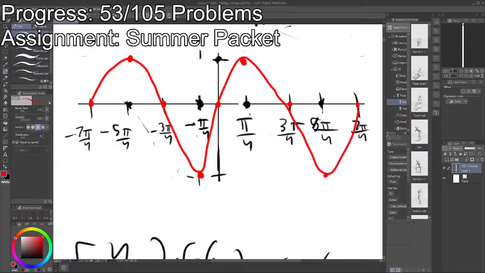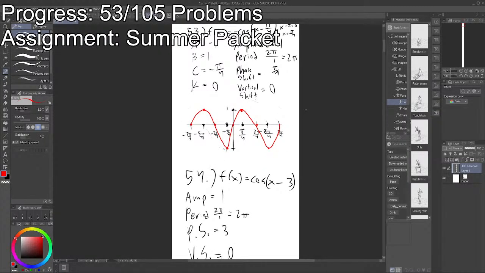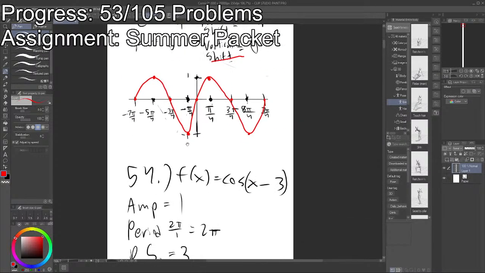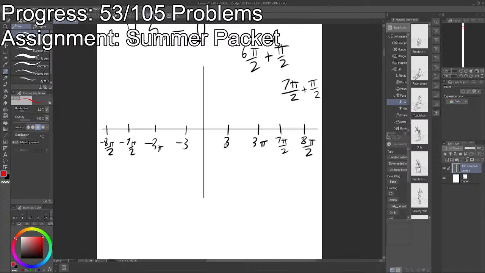I'm not even gonna bother to connect the dots. Yeah, that looks good.